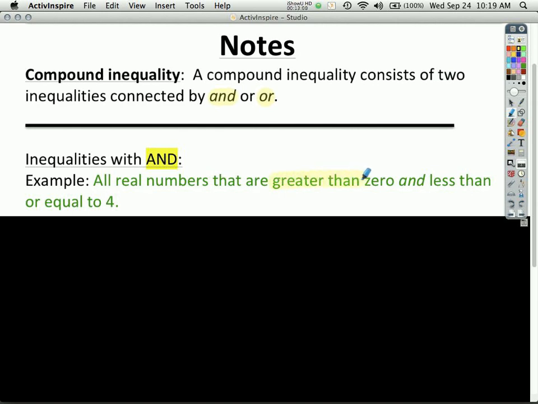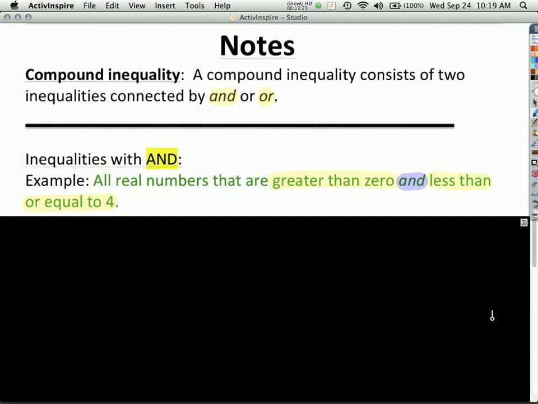Greater than 0. That's one inequality. And less than or equal to 4. That's the second inequality. And they are connected with the word and. All real numbers is English for a variable. All real numbers means x or n.